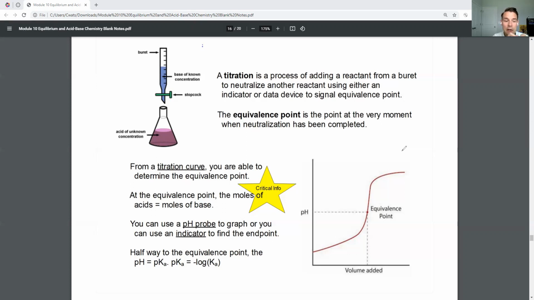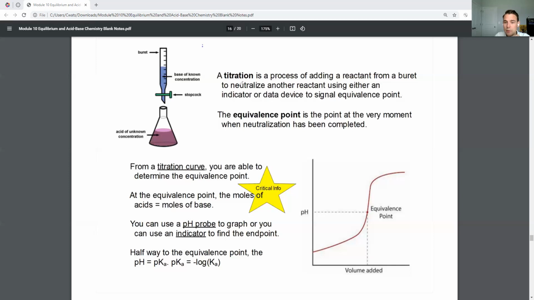It starts out colorless, and then as you add the base, it turns a pink color. You add the base slowly from the burette so that you can figure out how much of the base you use in order to determine the concentration of the acid.